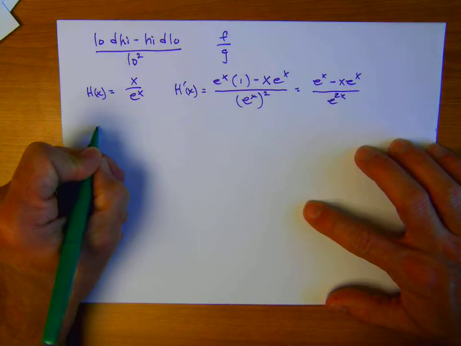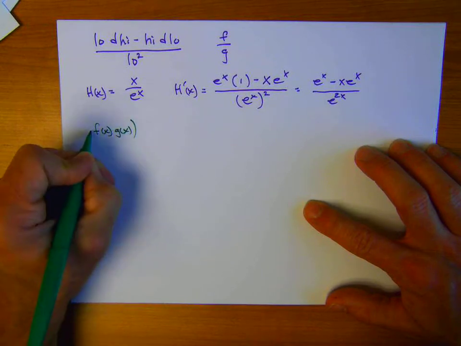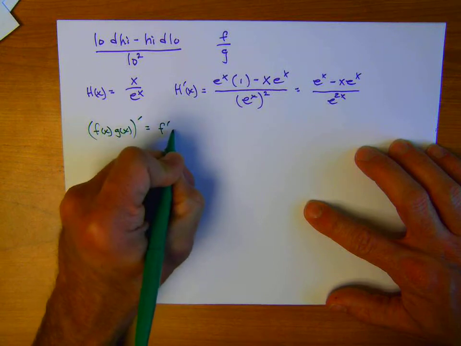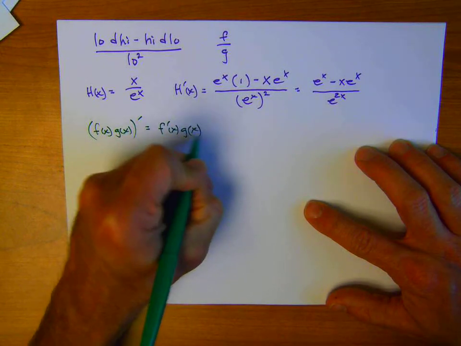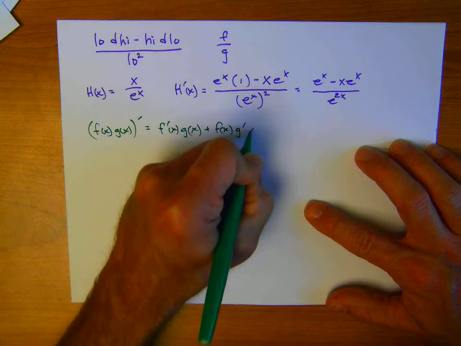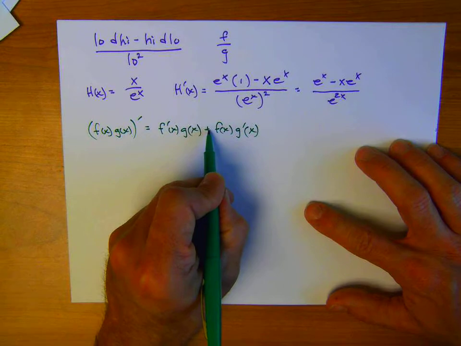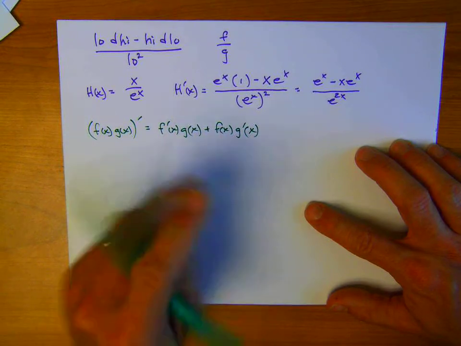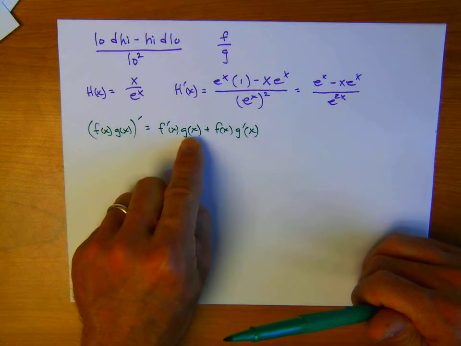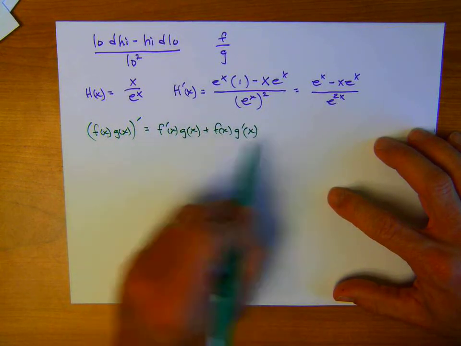If I had f of x times g of x, and I wanted to take the derivative of that, I could do f prime g plus f times g prime. I could switch these back and forth because order doesn't matter for addition. I could also switch these back and forth, so I could have g times f prime and g prime times f. So order didn't really matter here.